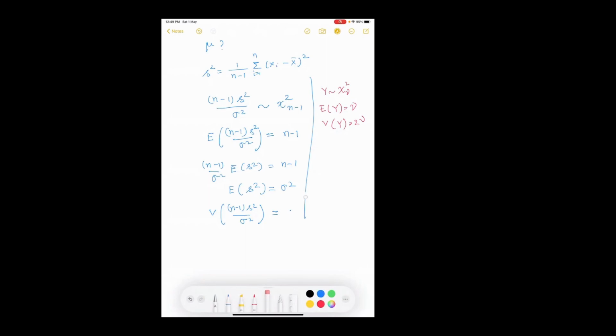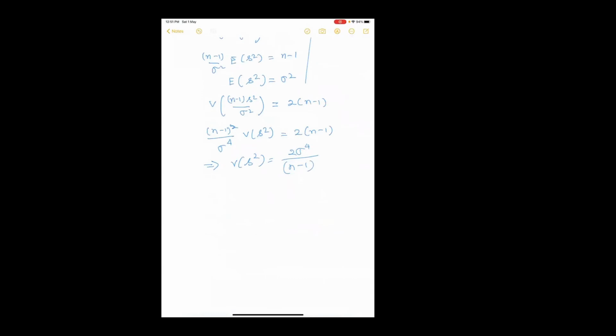So we get 2 into n minus 1. Now n minus 1 divided by sigma square we treat as a constant and take it out, but when taking a constant out of the variance, it will be squared. So it will be n minus 1 square divided by sigma to the power 4 times variance of S square, equal to 2 into n minus 1. So I can write the variance of S square as 2 sigma to the power 4 divided by n minus 1. Correct?